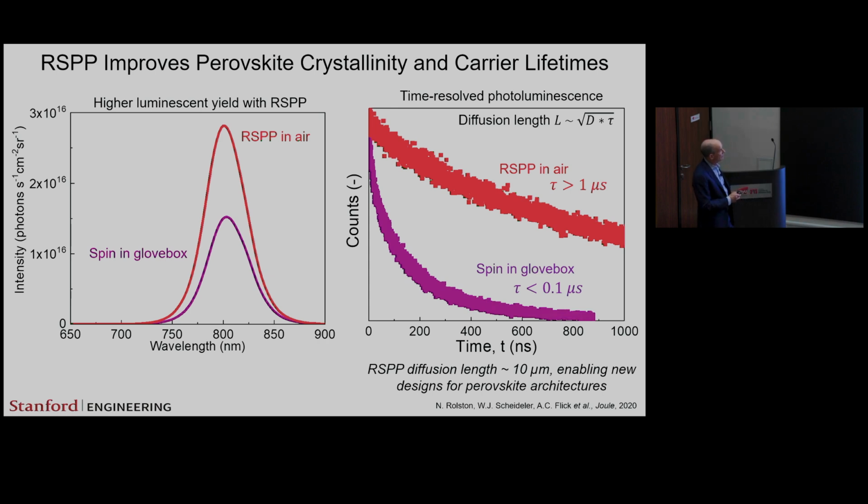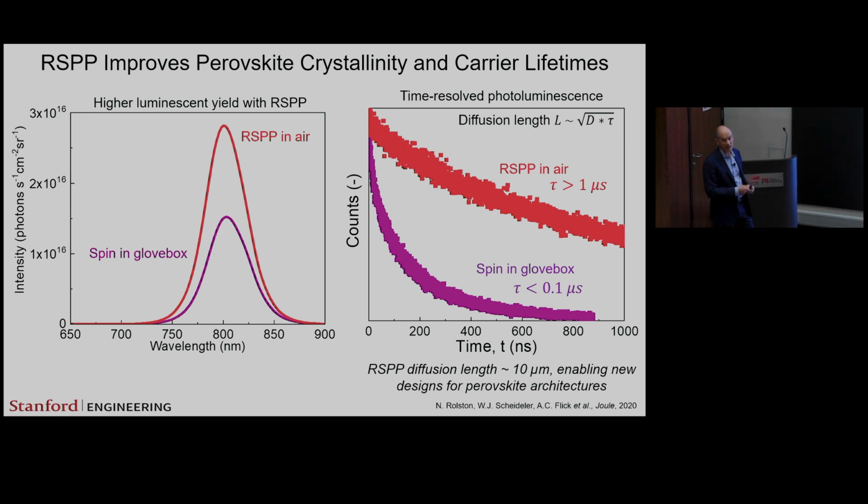So here's another advantage of this rapid spray plasma processing. As opposed to normal devices made by spin coating and annealing, we get higher luminescent yield. And that's shown over here, and we've seen this repeatedly. We also see significantly improved carrier lifetimes that are now on the order of a microsecond, which means that you have much longer diffusion distances.